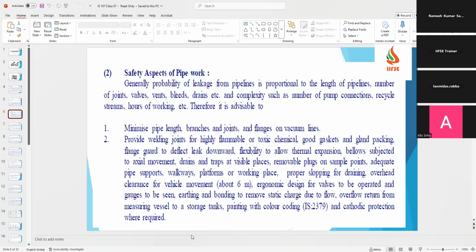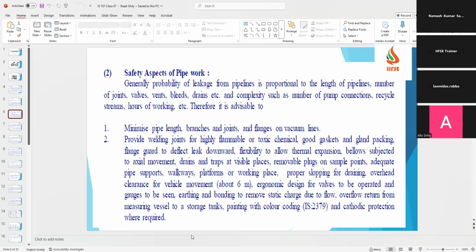Drains and traps at visible places, so that it is easy to take samples. Then removable plugs on sample points. A plug is a kind of bolt, so we can insert it and take it out for the sample points.